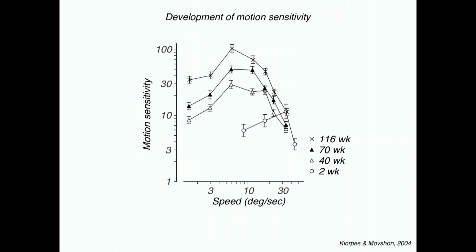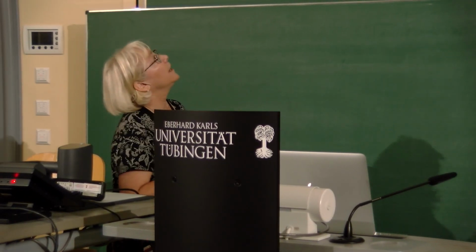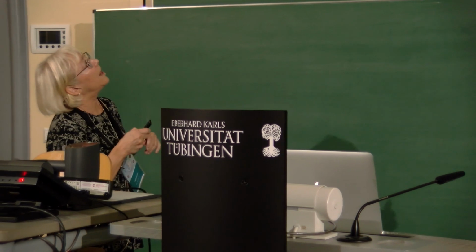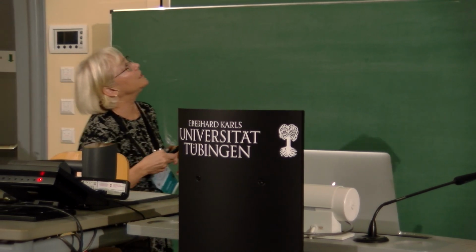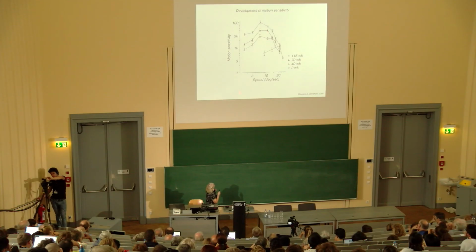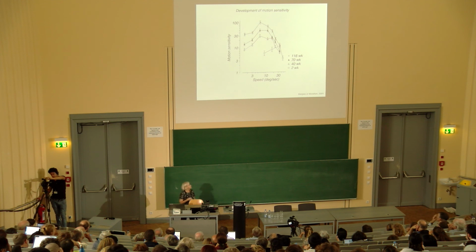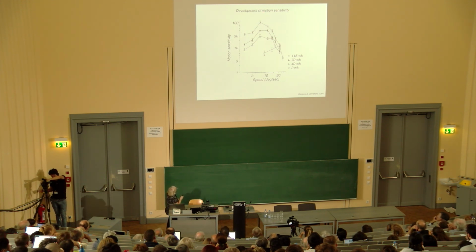And you see that again, it's not a consistent ability. It varies as a function of the underlying speed of the dot field. And interestingly, what you find is relative sensitivity is good at fast speeds at the earliest ages, and at slow speeds, largely absent. They couldn't do it at the slow speeds at this early age. As they get older, they are able to cover the full speed range.